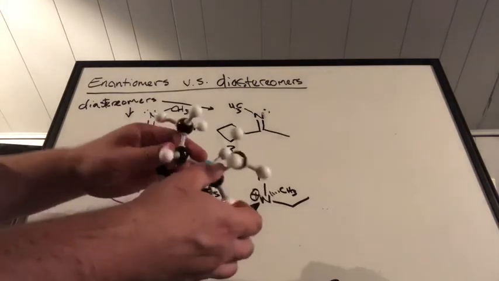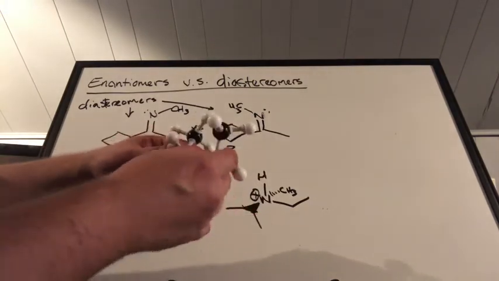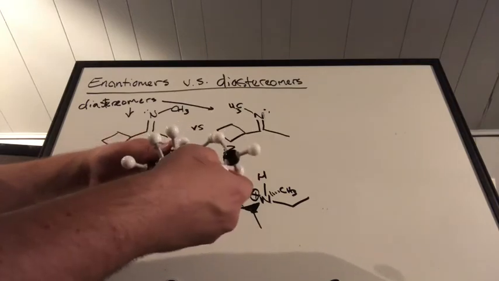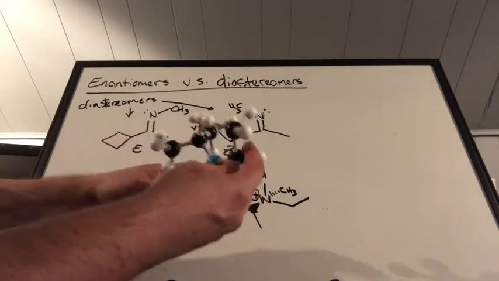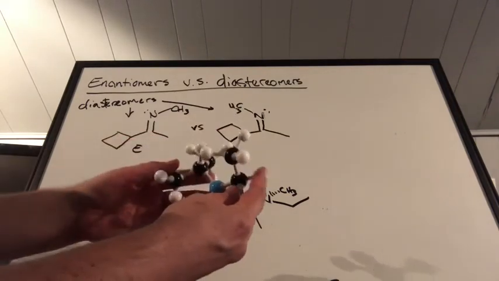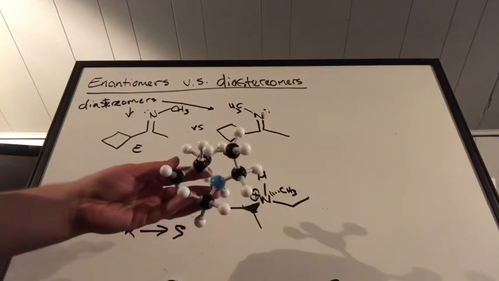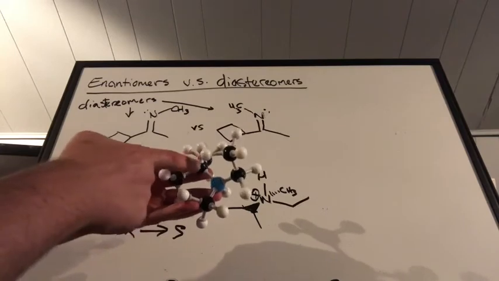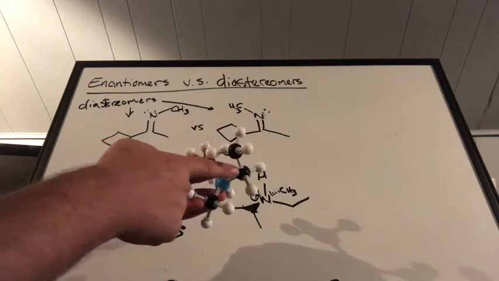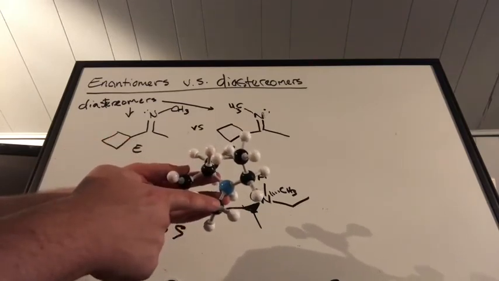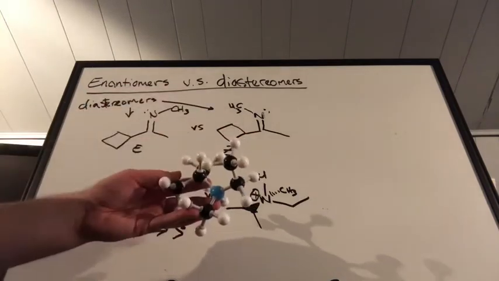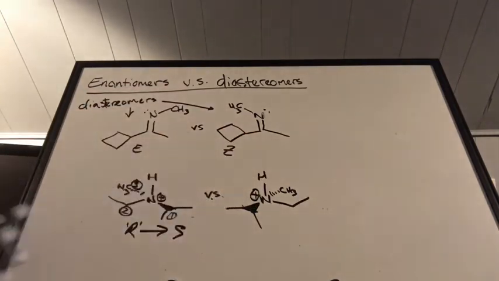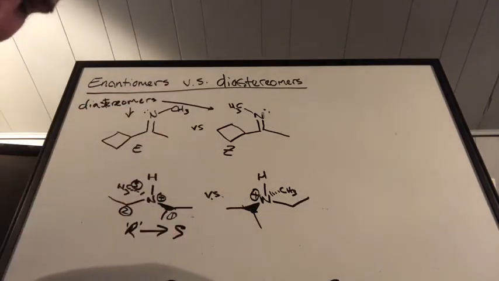Again, you want it to look like the lowest priority is sticking in the back to figure out the proper configuration. So it's going to go isopropyl, ethyl, methyl. So that is going to be R. Not surprising, because it's going to be the enantiomer of your S-configured molecule here.